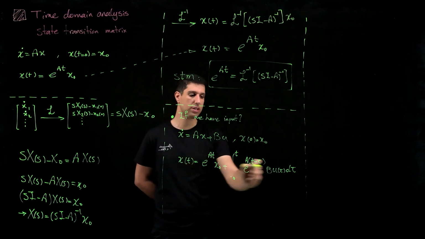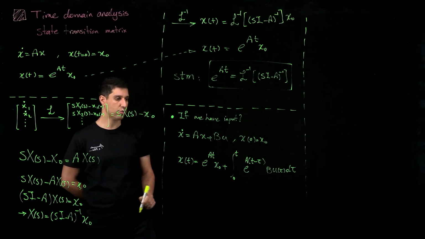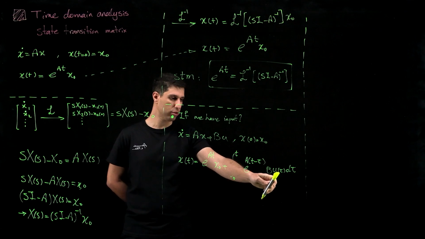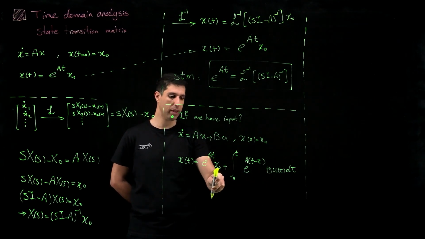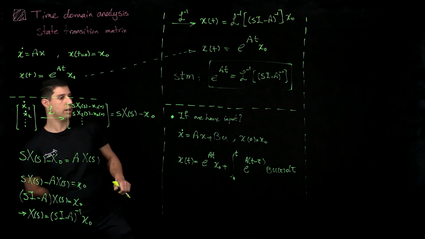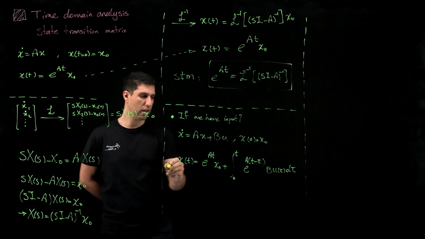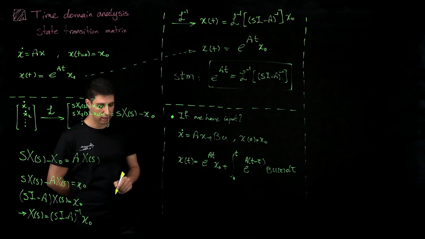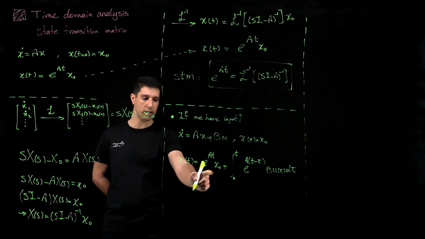Long story short, this is how you can find a solution to any arbitrary input u, and from any initial condition x you can find the full response x of t. And that's the end of the story. The rest of it is intuition for why this works.